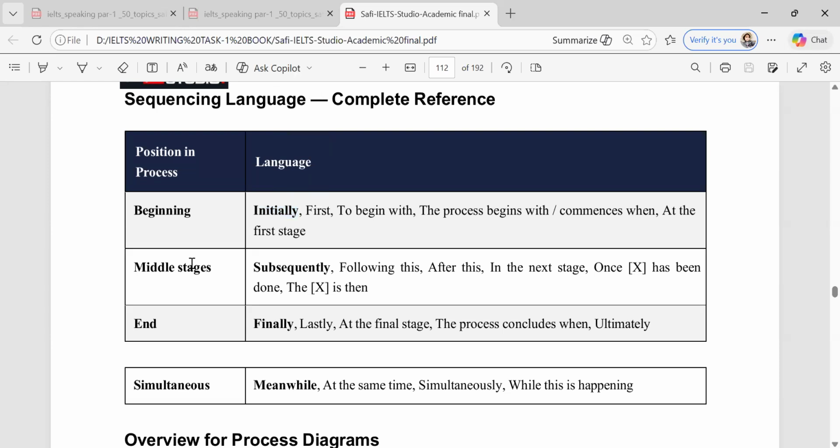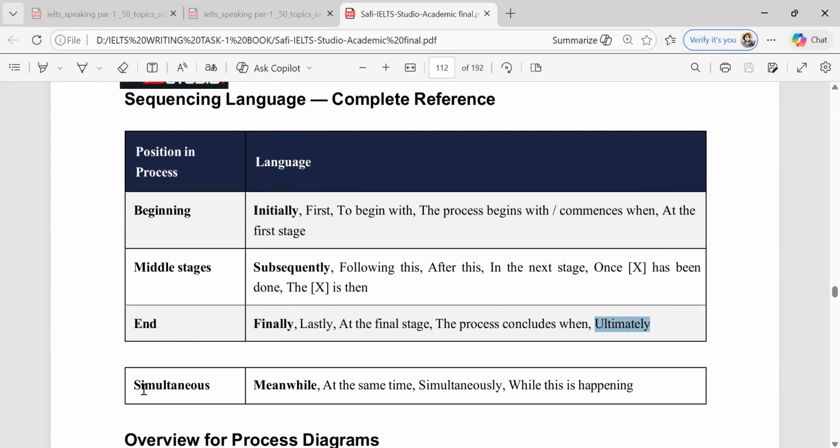If you want to talk about the middle stage, you can use subsequently. My first priority would be subsequently. And then if that is final, instead of finally, you can say ultimately. My first priority would be ultimately. Don't say finally, use ultimately.